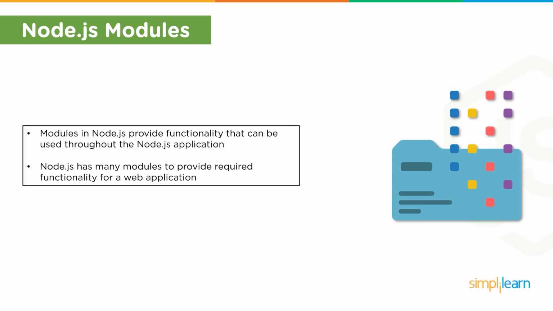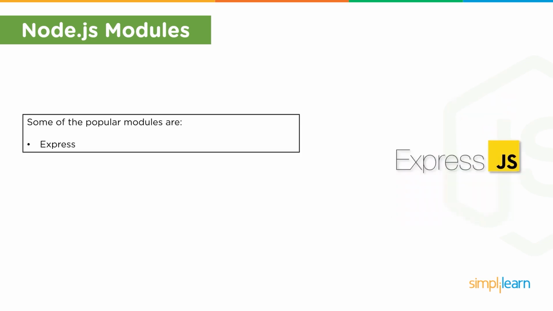It has many modules that provide different functionality for different applications that you can customize and modify to meet your needs. Some of the most popular modules for Node.js include Express.js, which is becoming an ever more popular backend architecture for building out solutions.